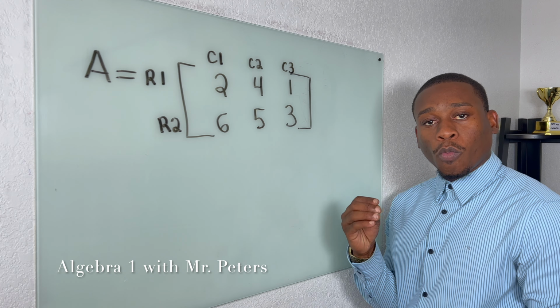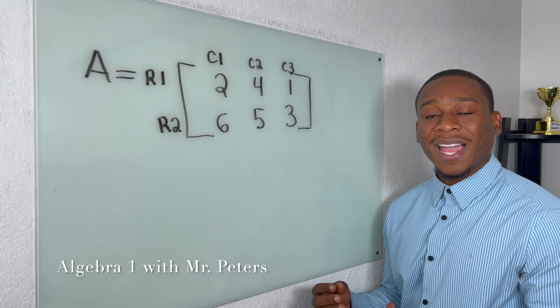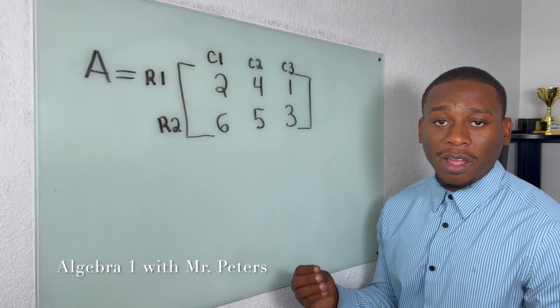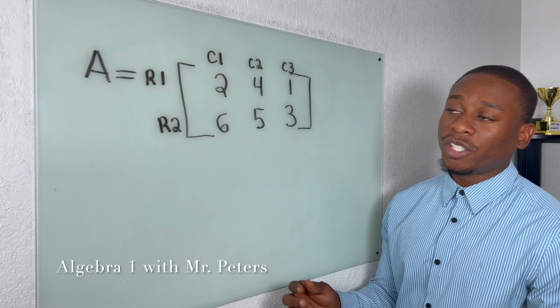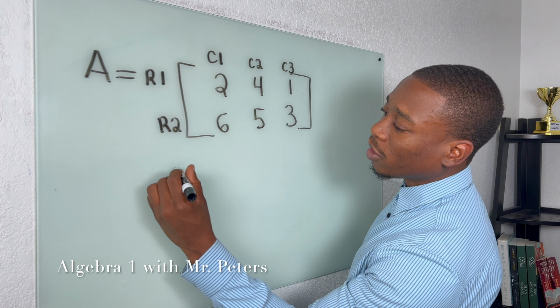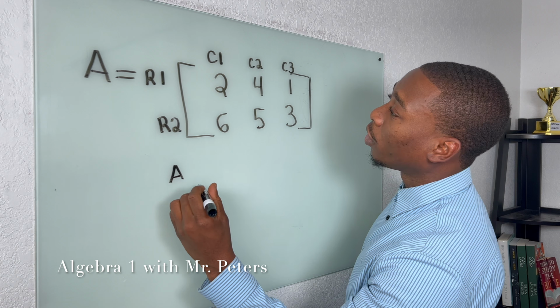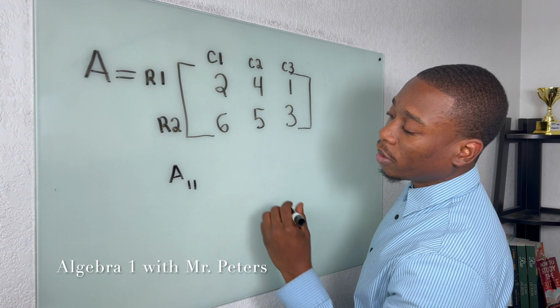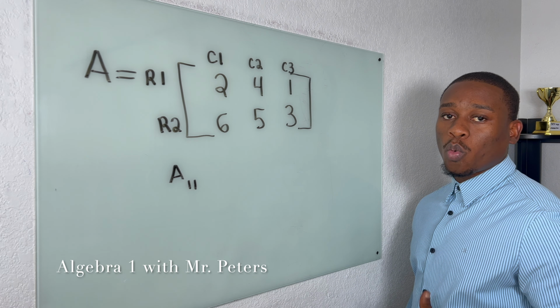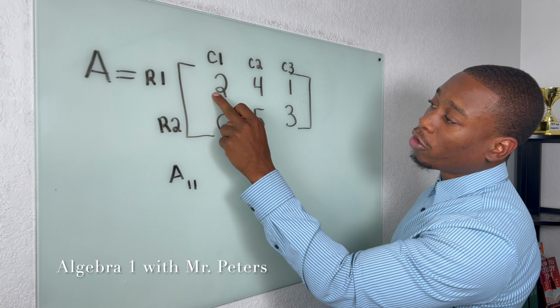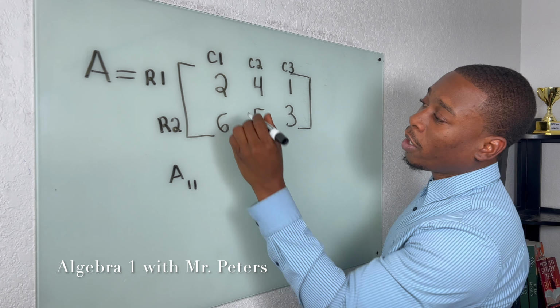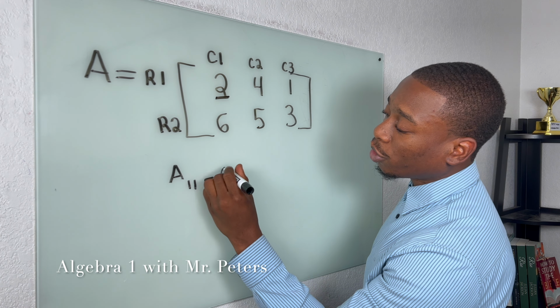And what we also need to know, guys, is how to identify an element in the matrix. So let's say they ask us to identify A11. So what that's saying is, what is the element that's in the first row, first column? And that would be 2.